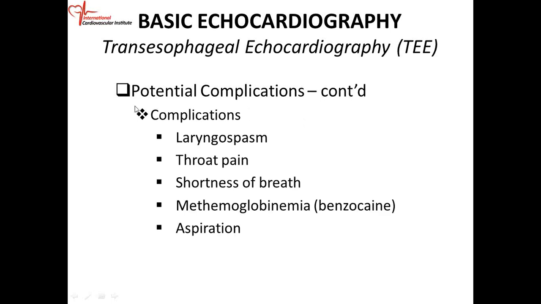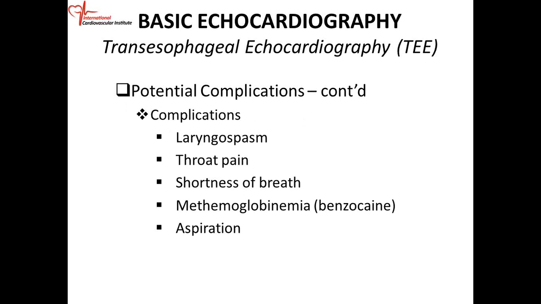Some of the complications that one can get is what we call laryngospasm. Just as you put the probe in the esophagus, the larynx can go into spasm and the patient can become hypoxic. That is, the oxygen level can fall very low, and that is the reason for your pulse oximetry.